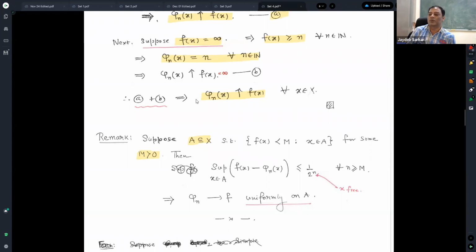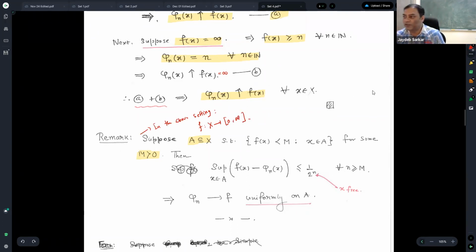Suppose in the above setting, f is a measurable function, and it takes positive and possibly infinite values. You take a positive number m, and then you consider f(x) less than m. I'm sorry, something is not right.